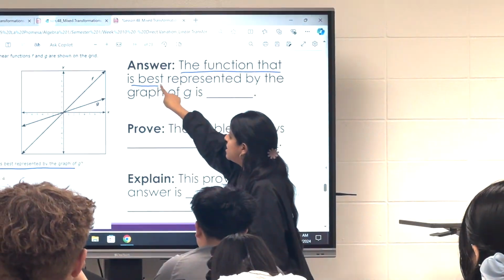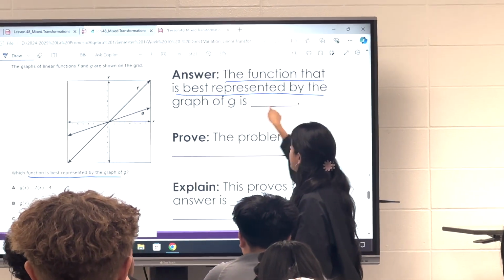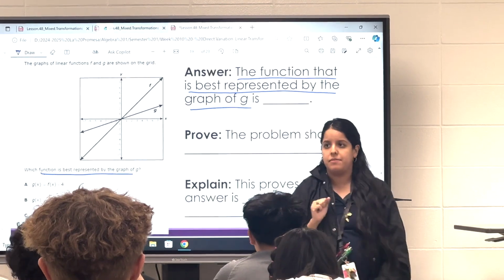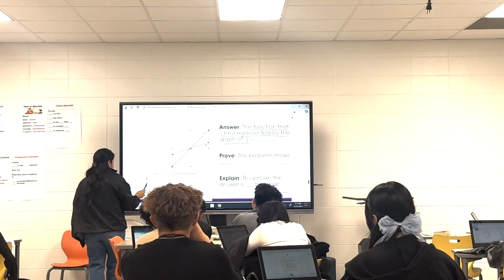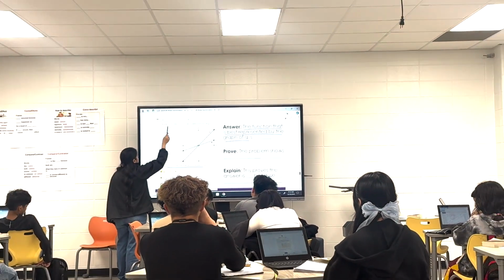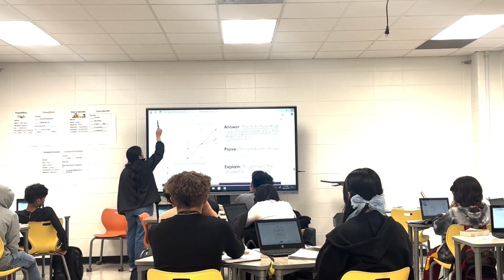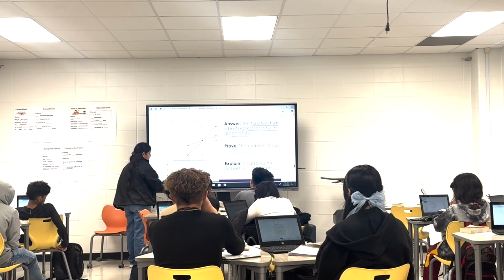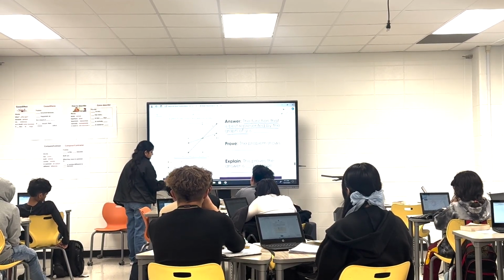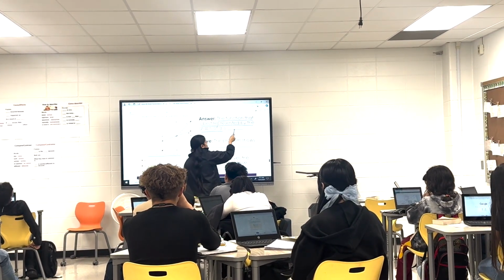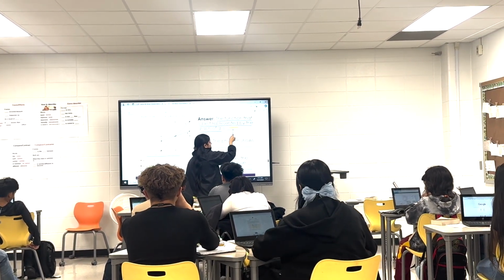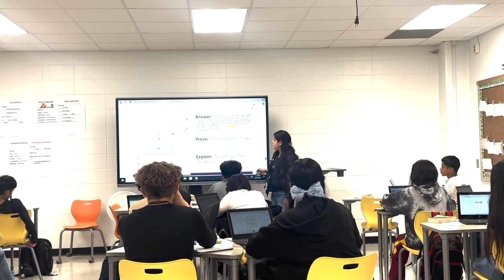The function that is best represented by the graph of G is, okay, you are going to pick an answer. Van a escoger una de las cuatro. Okay. Y la que escojan, you're going to put it right here. Okay? You got it? All right.